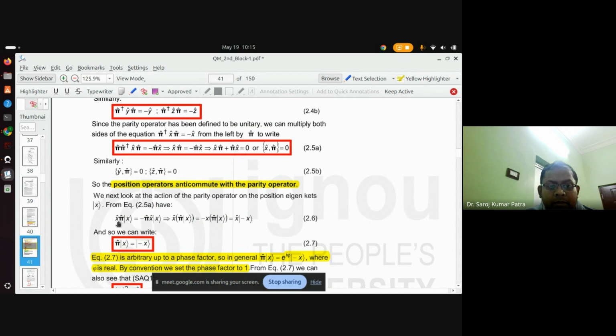So x cap pi x will be equal to minus pi x cap x vector. यही तो होता है, नहीं? एंटी कम्यूटेटर है ना.